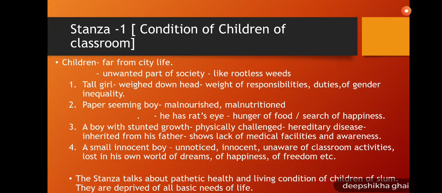So, in this particular stanza, the poet tries to tell us about the different kinds of children who have come to study in that school. He has tried to portray 4 different kinds of children to tell us the condition of the children over there. The poet starts by telling us that these children are far from gusty waves.